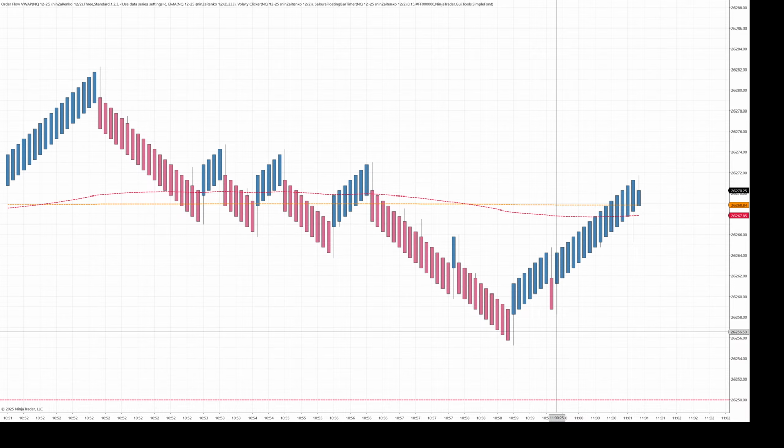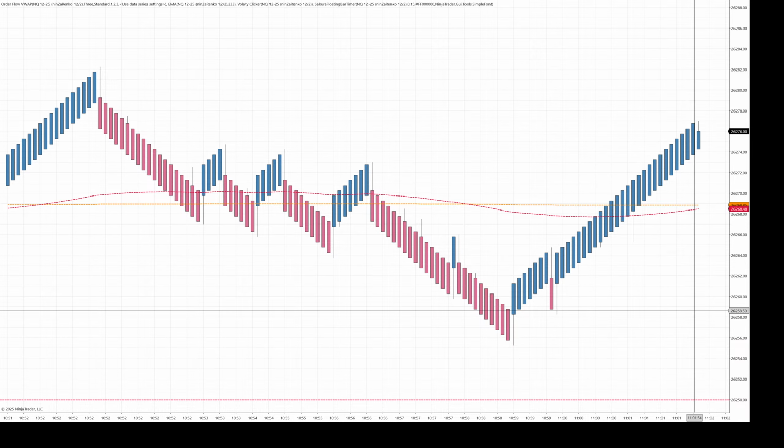Wow, okay. That really stinks. I feel like we predicted most of the correct reversal areas, but there's just been zero follow through on our trades.